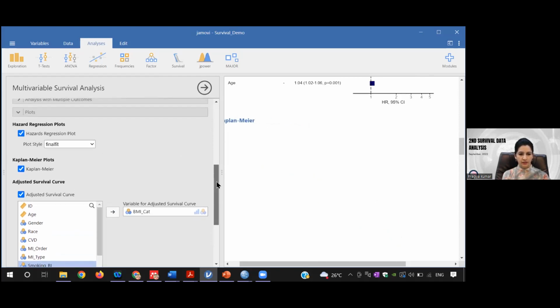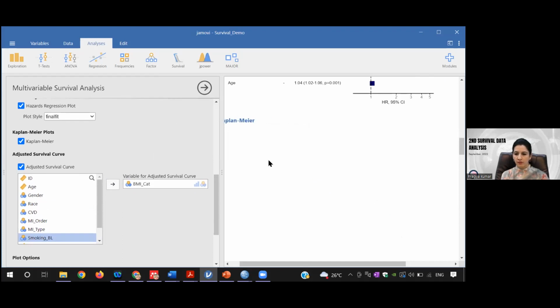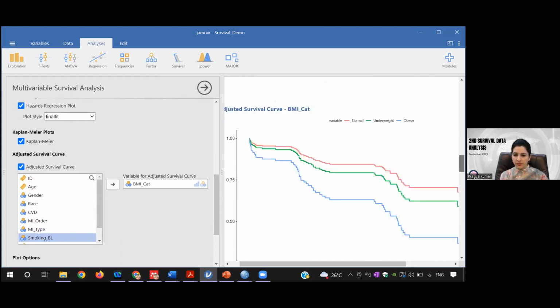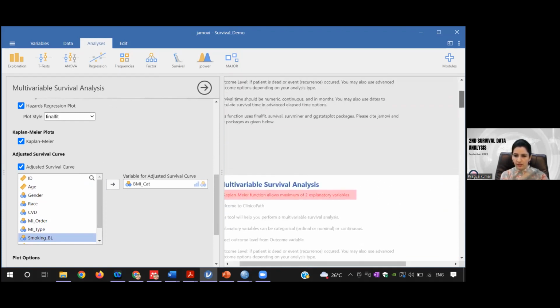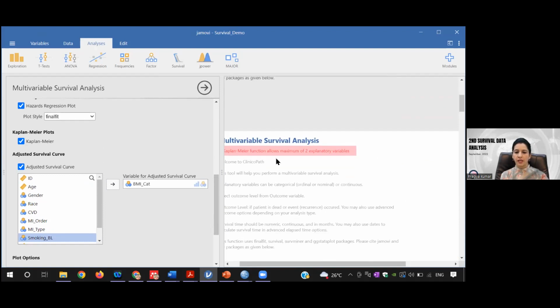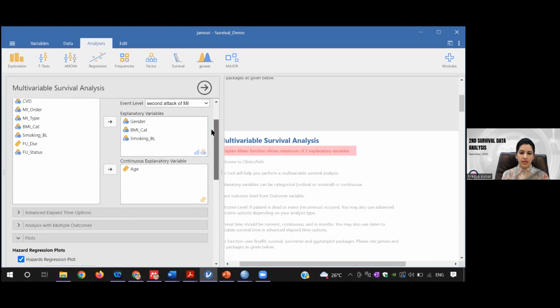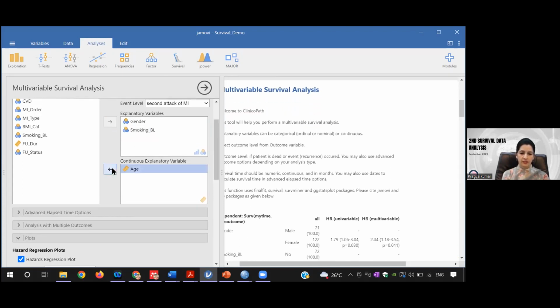But what will Kaplan-Meier give in this case? No, it is not giving. Let me see. Just a sec. No. Kaplan-Meier, okay, it allows for a maximum of 2 explanatory variables. So I'll have to shift this and this.